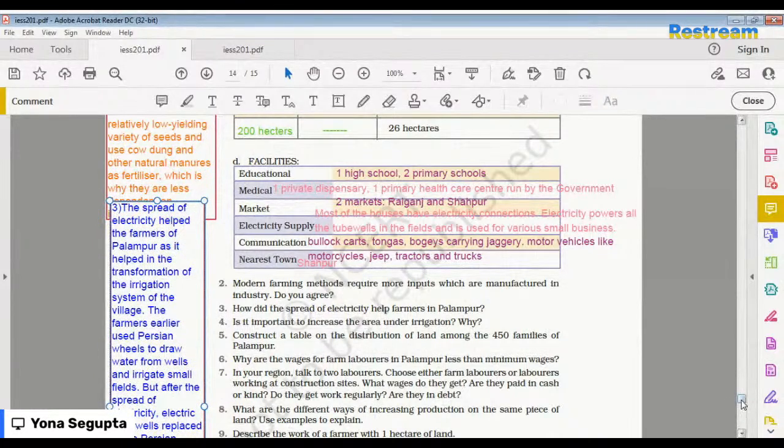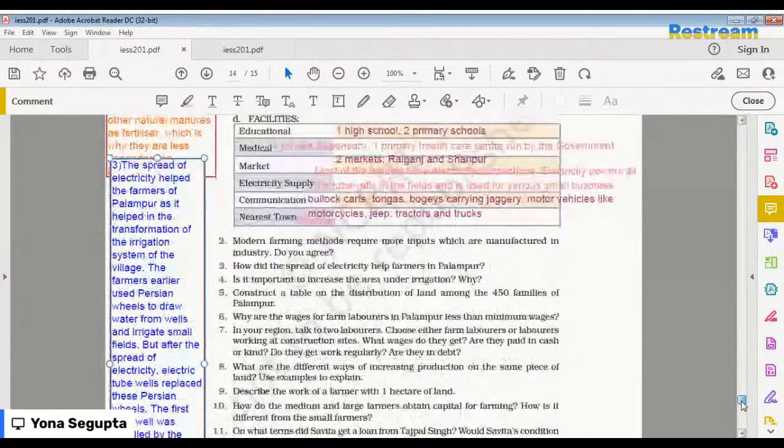Again, I'm reading the answer. If you have any problem, you can tell me in the chat. I hope there is no problem in these things. Okay. So as you see, the spread of electricity helped the farmers of Palampur. This line you don't need to write.